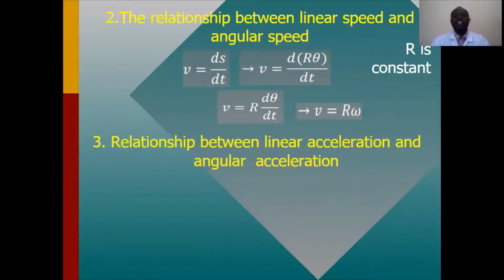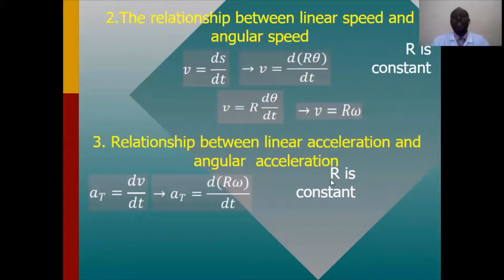The third relationship is the relationship between linear acceleration, tangential acceleration, and angular acceleration. By definition, tangential acceleration is the derivative of linear velocity with respect to time. So from the previous relationship, linear velocity v is equal to radius times omega.